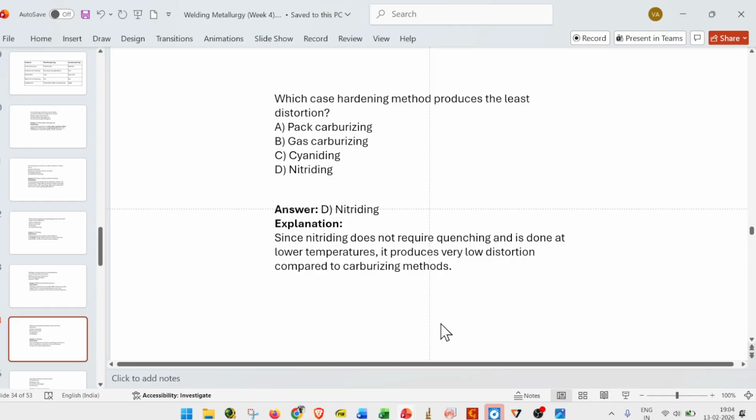So the answer will be nitriding. Why? Since nitriding does not require quenching and is done at lower temperatures, it produces less distortion compared to the carburizing methods. In carburizing, we have to do quenching, which will generate internal stresses. That we can avoid with nitriding.